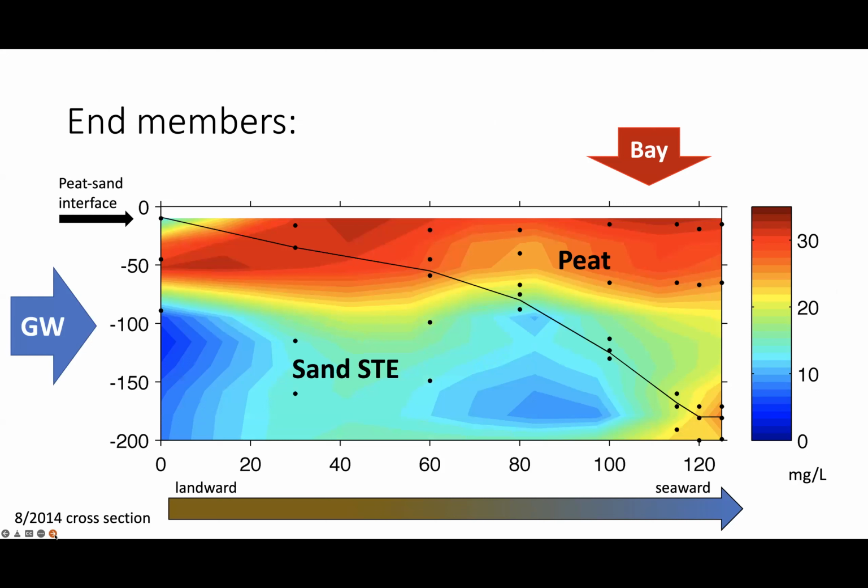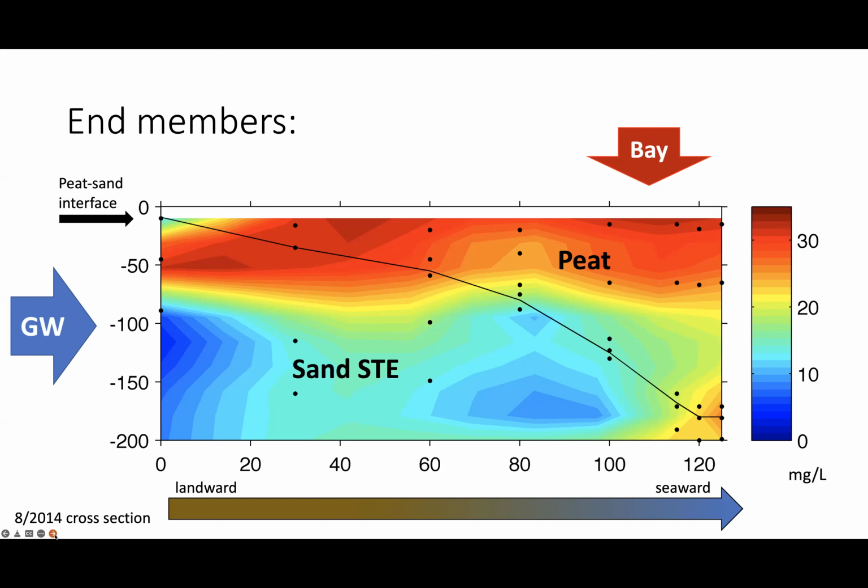So what are our end members here now? I'm going to show you a variety of plots that are looking at different trace metal behavior, and then we'll get at different fluxes that we think are associated with these different processes. The inputs of water to the system are obviously the overtopping from the bay, and then the fresh groundwater input as it comes in.